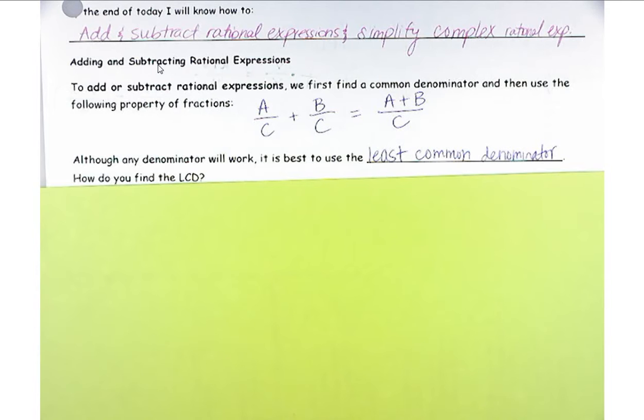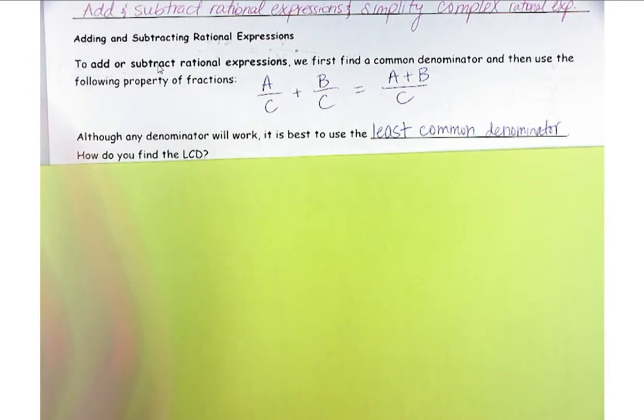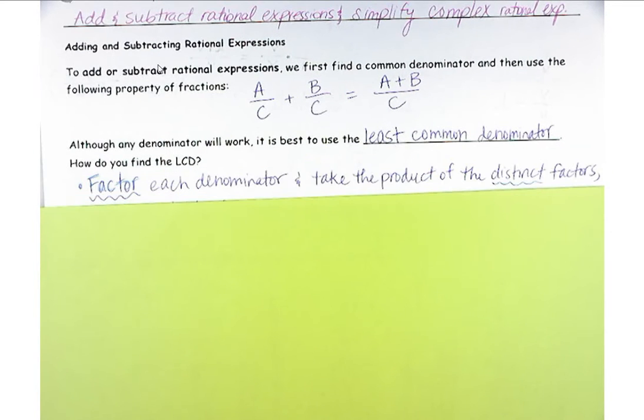So how do you find the least common denominator? We're going to write it down in words, and then we're going to talk about different strategies as we do our examples together. We're going to factor each denominator, which you would have done a lot of yesterday. So we are going to have more factoring today.